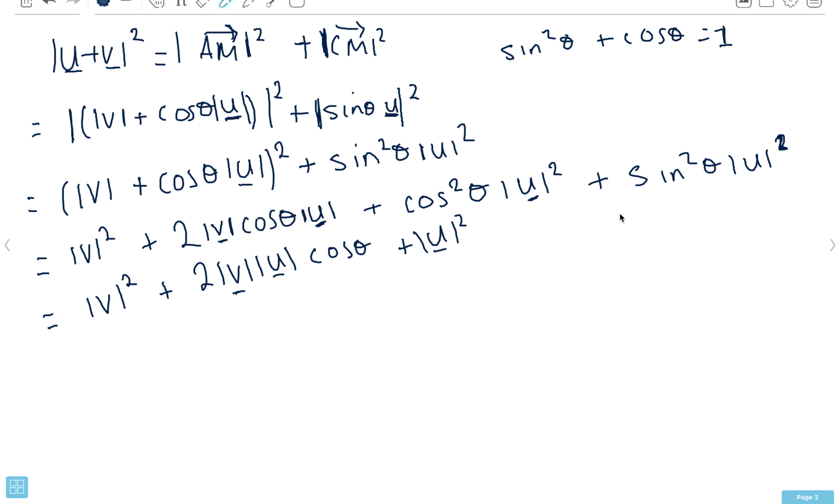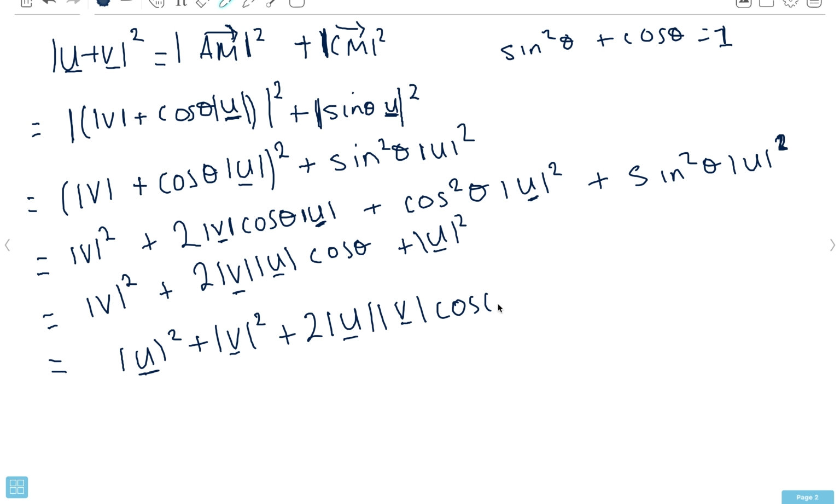So I just factored out a mod u squared, and then I'll have cosine theta plus sine squared theta, which is 1. So I just have mod u squared. To make this look a bit more presentable, I'll do mod u squared. Okay, and that's the first way done.